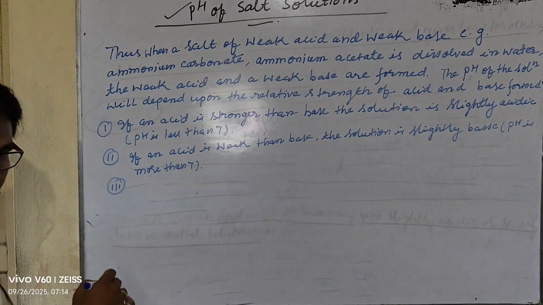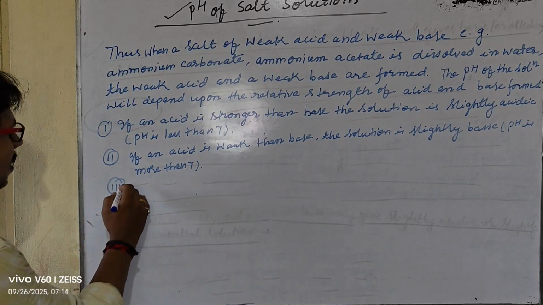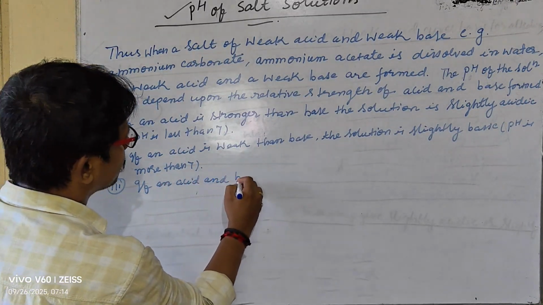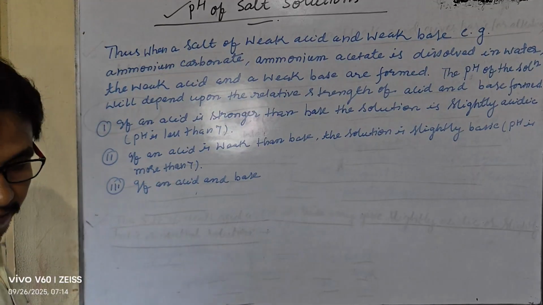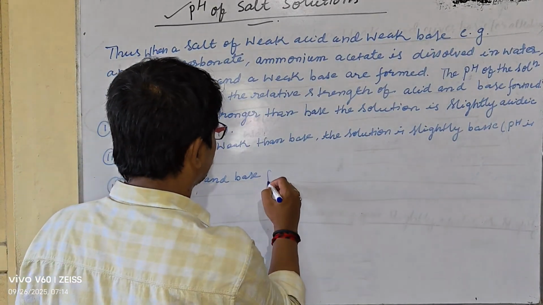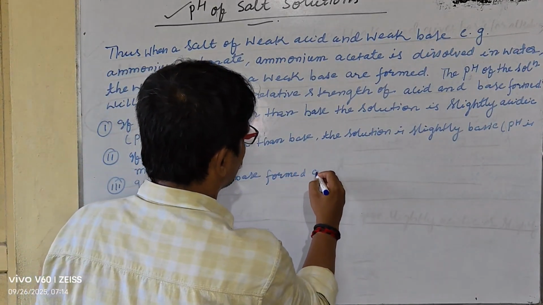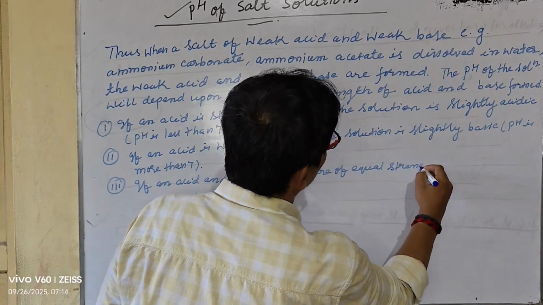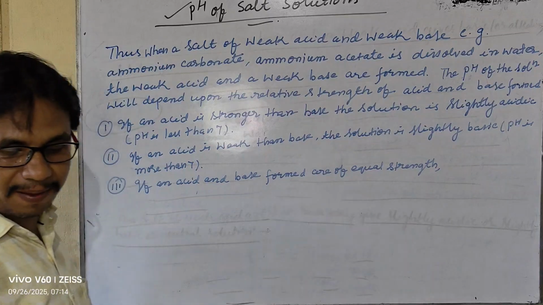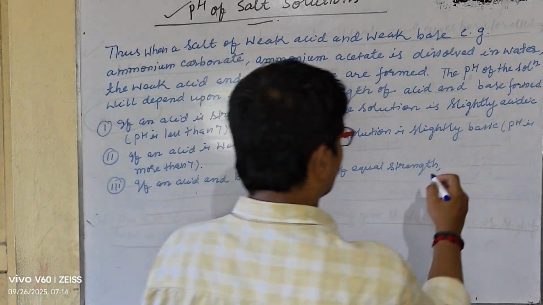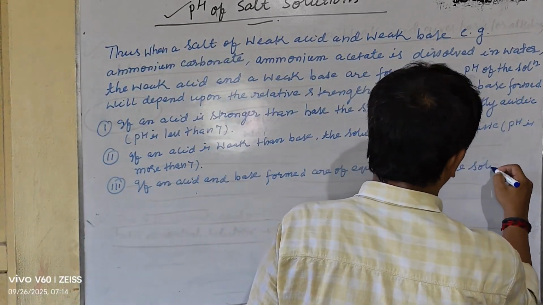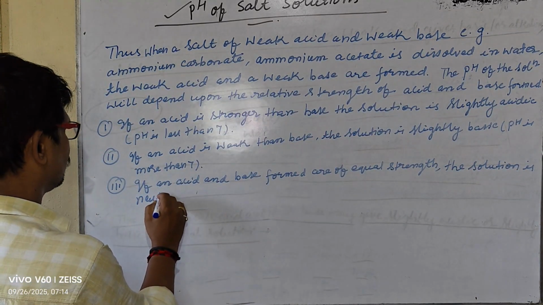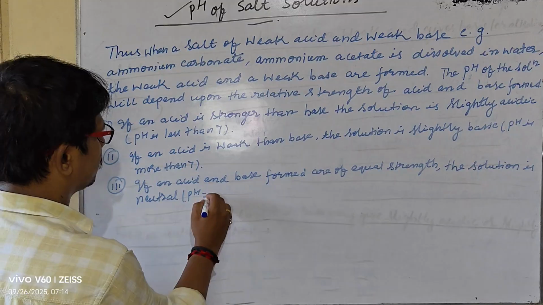And the third, the last one: if the acid and base formed are of equal strength, then the solution is neutral, pH is equal to 7.